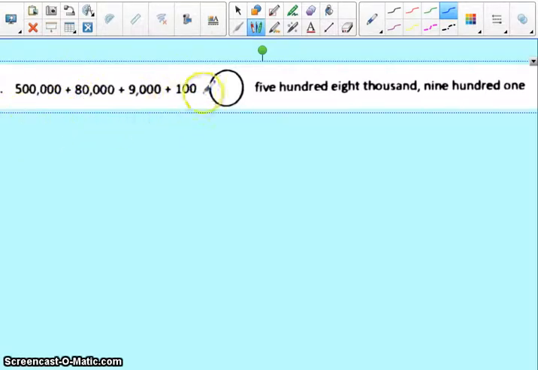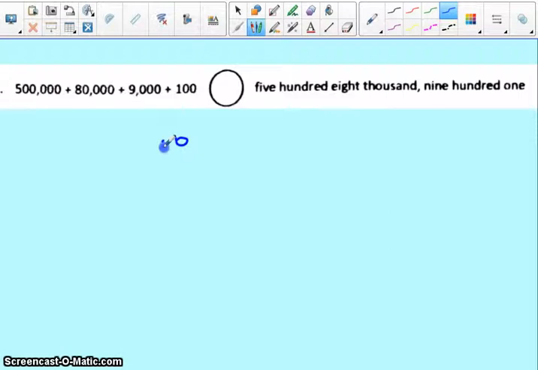So we have no ones, no tens, 100, 9,000, 8 10,000s, and 5 100,000s. So this amount here is 589,100. This number says 508,901.